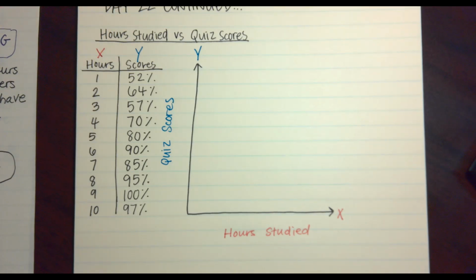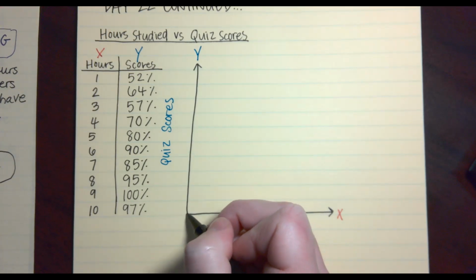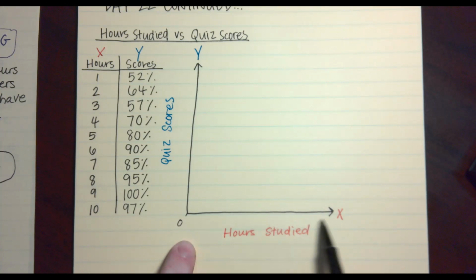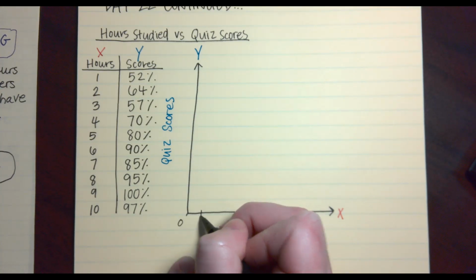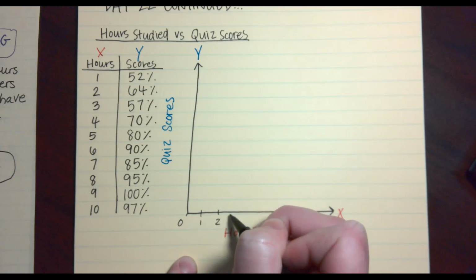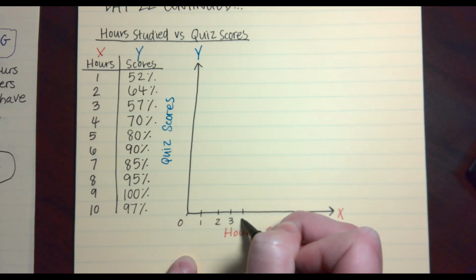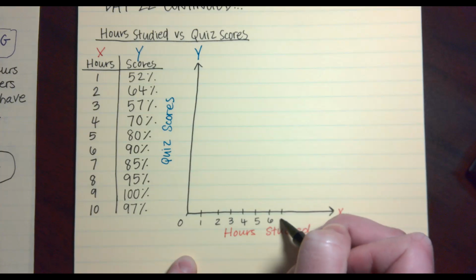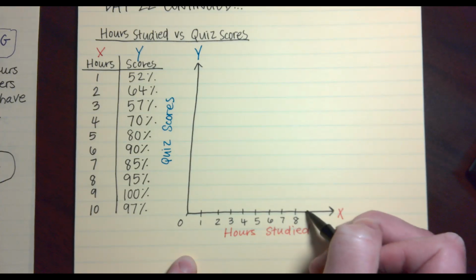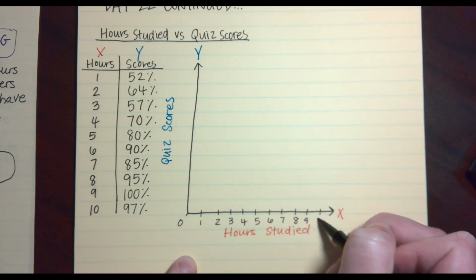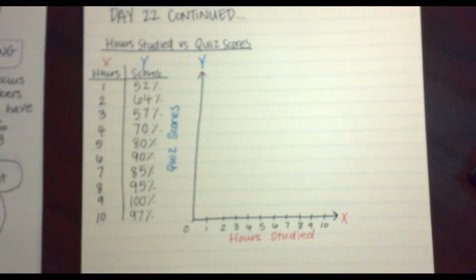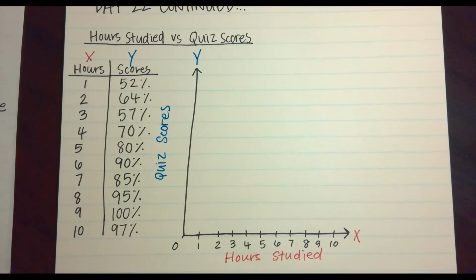Then we want to label our axes with numbers. So our hours studied is going to go from 1 to 10. 1, 2, 3, 4, 5, 6, 7, 8, 9, 10. Oh man, I'm out of focus here. There we go.